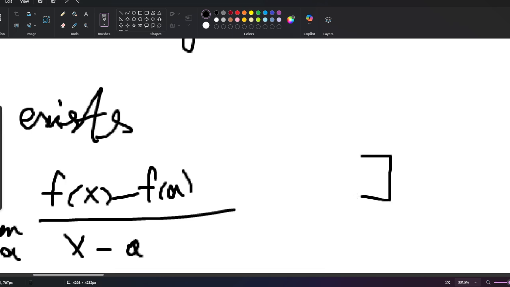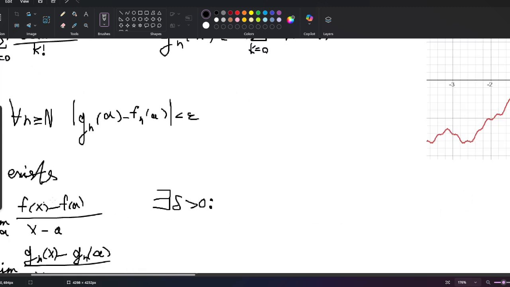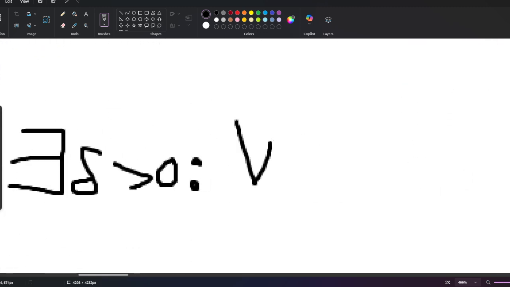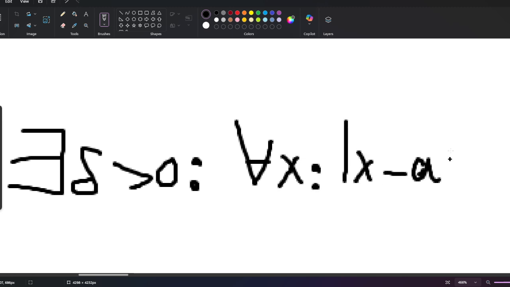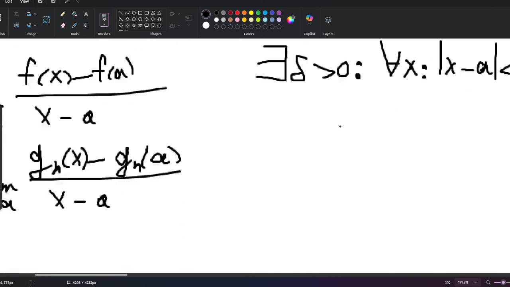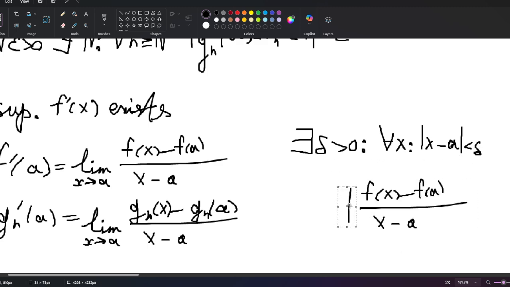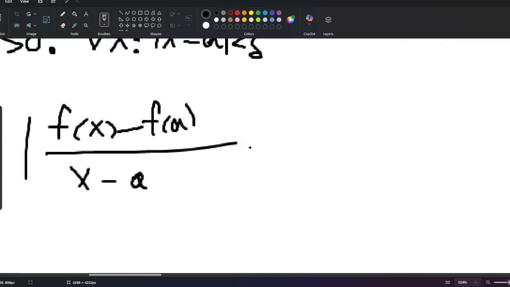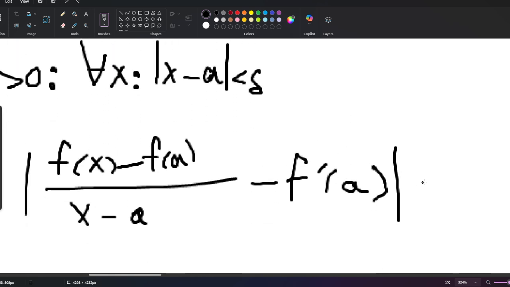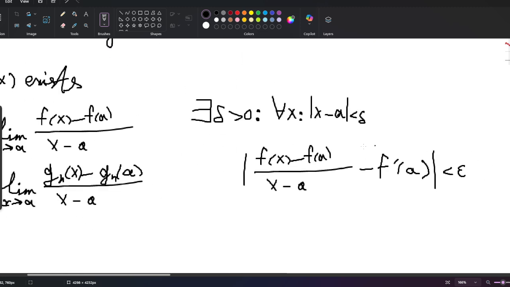So there exists delta greater than 0 such that for every x such that the absolute value of x minus a is less than delta, this thing is supposed to approach the derivative of f of a. It's going to be less than epsilon.